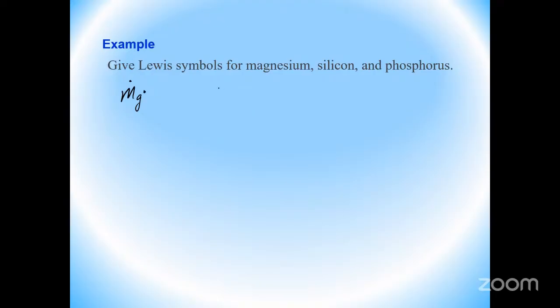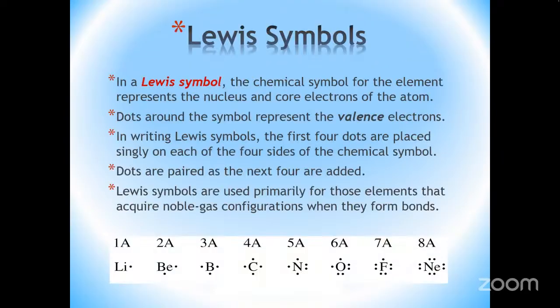In the case of silicon, the symbol is Si, and silicon is in group 4, so you put 4 dots around it. Finally, for phosphorus, you put the symbol P. Phosphorus is in group 5, so you put 5 dots around it: 1, 2, 3, 4, 5. That's how you write the Lewis symbol for particular elements.